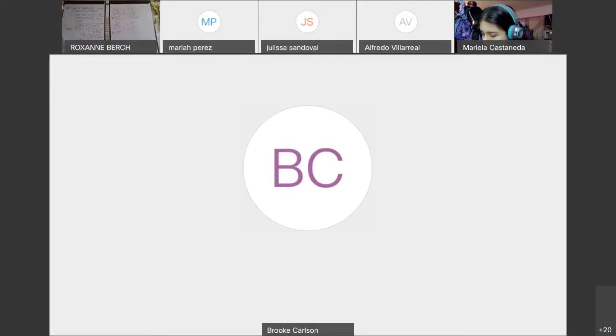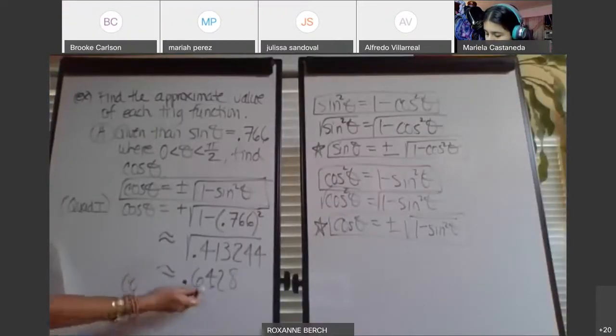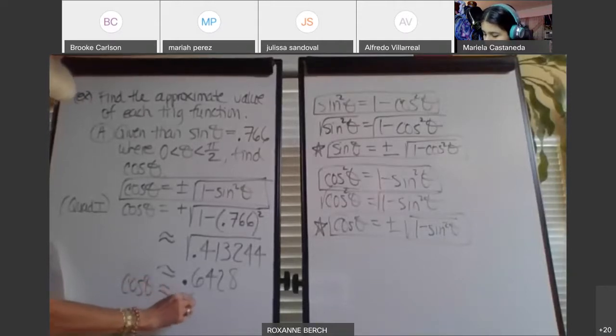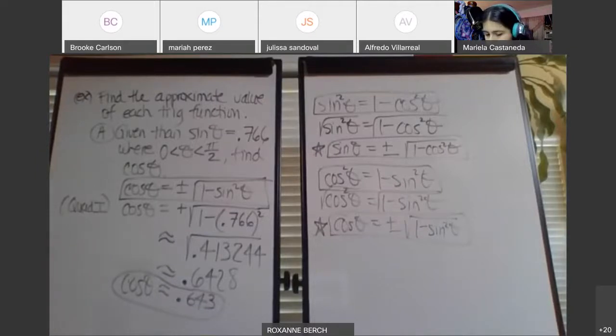Okay, so depending on how they want you to round, if they want you to round to the nearest hundredth, which will probably be what they'll have you do, it would be 0.643. Pretty simple stuff.